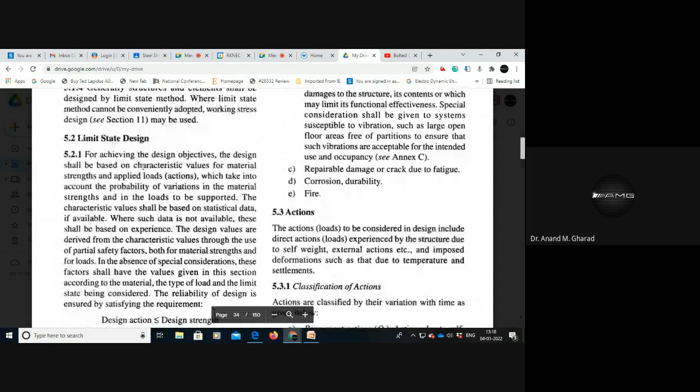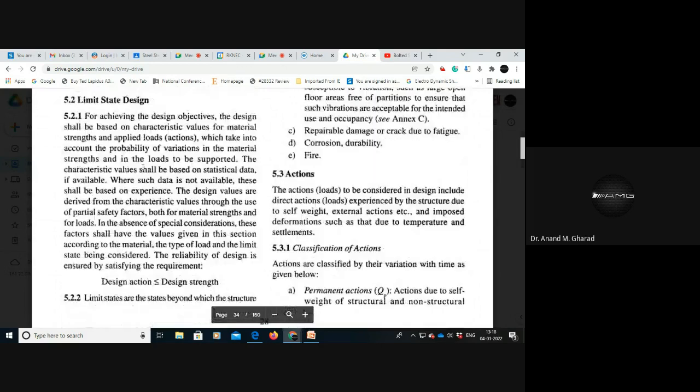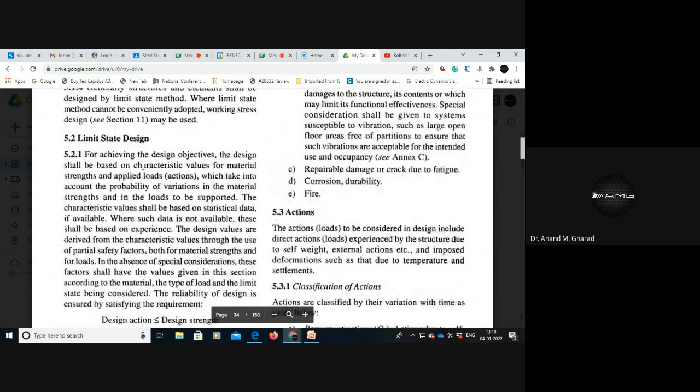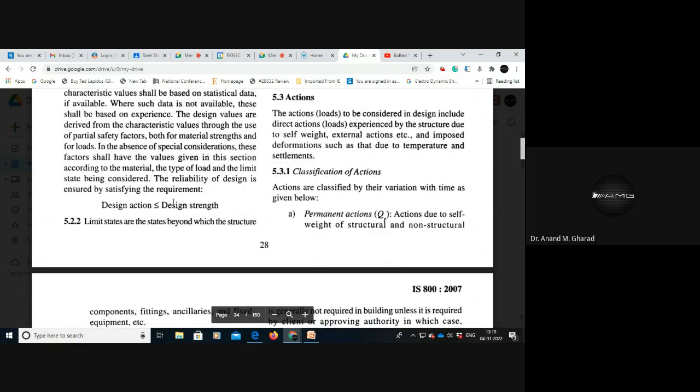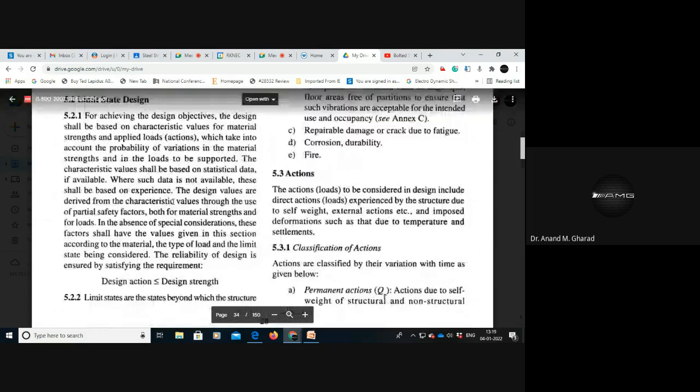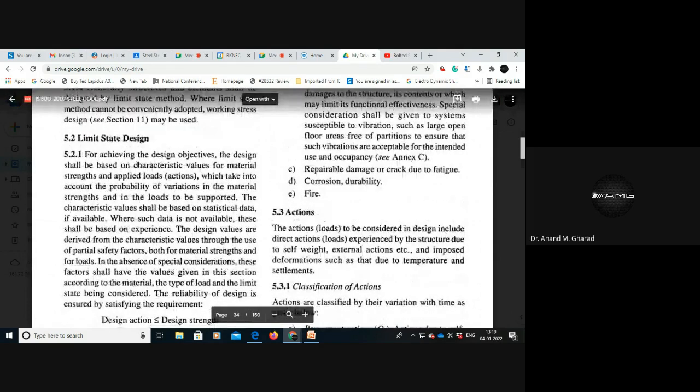I think I have given this question wherein you are supposed to write about the limit state design method. So you are supposed to prepare the notes accordingly. Take the help of this IS code, take the help of books or other standard references obviously, and try to understand and develop your own notes. Okay? So this is very important.